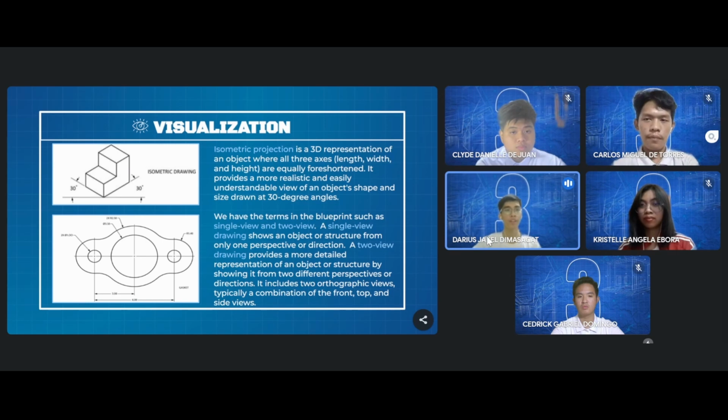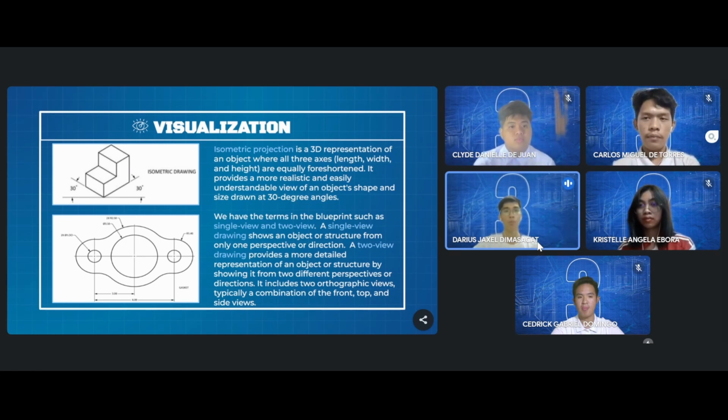Now, in blueprint reading, we have single view and two view drawings. In a single view drawing, we see an object from just one direction, which makes it straightforward and suitable for simpler objects. On the other hand, a two-view drawing provides more detail by showing the object from two different angles.